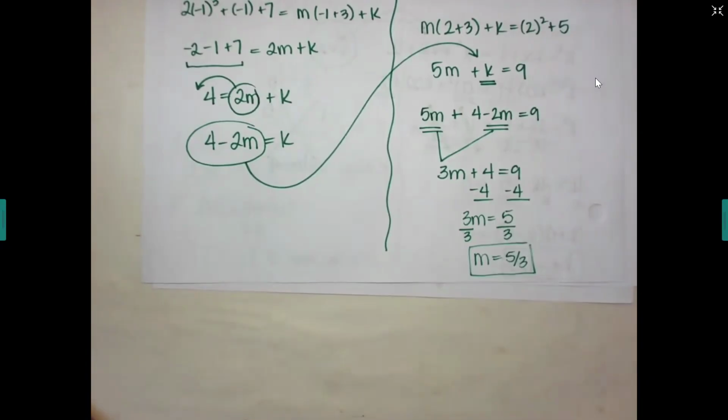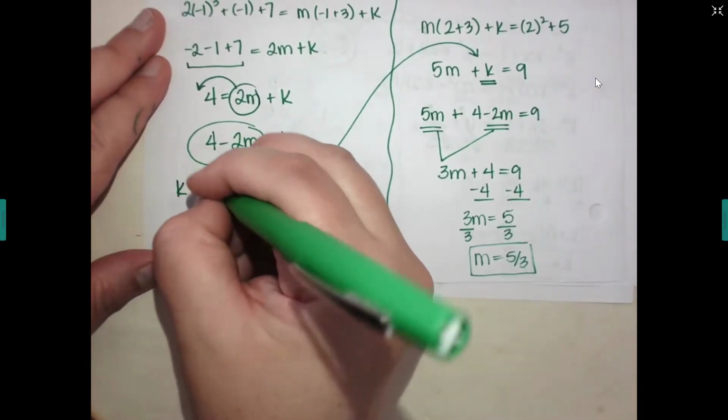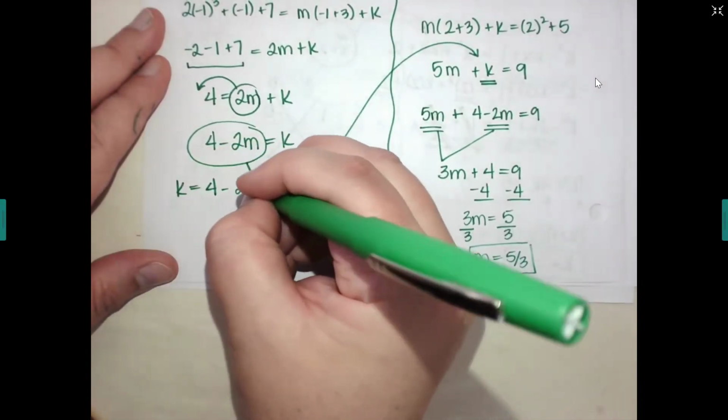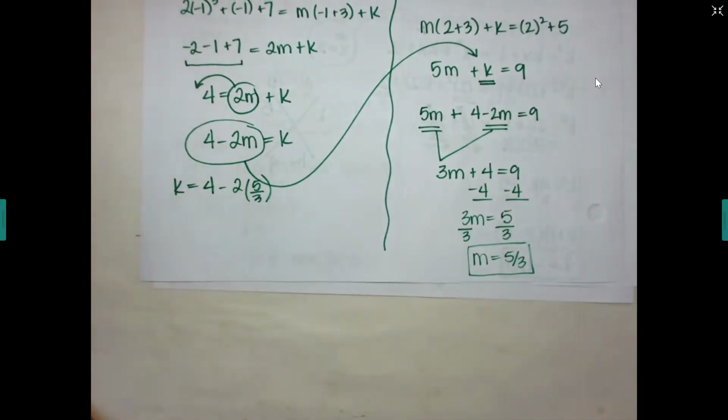But if I know m is 5/3, then now I can come over here, substitute that in, and I'll have my second answer. So k is equal to 4 minus double 5/3.